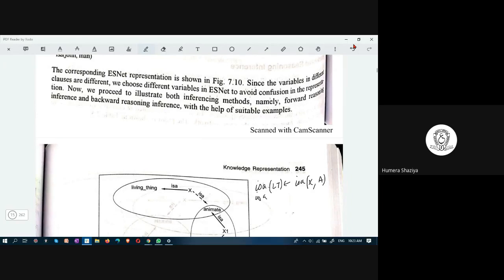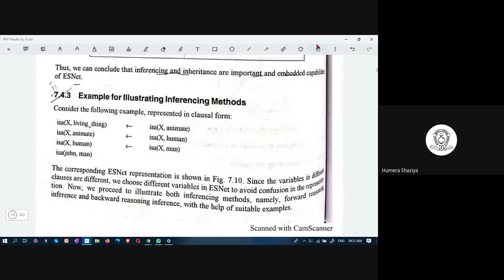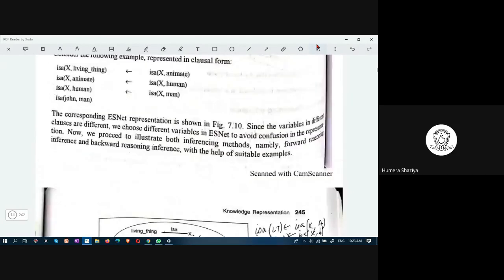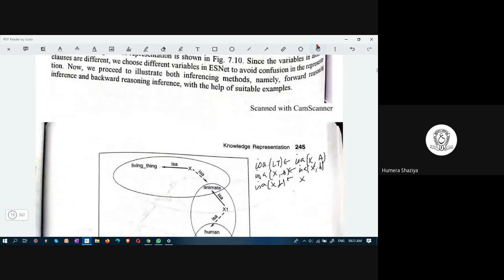X is animate is implied by X is a human. X is a human implied by X is a man.